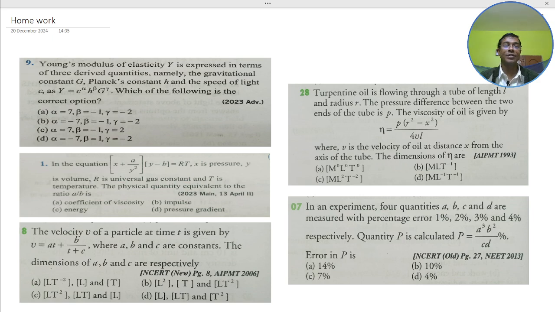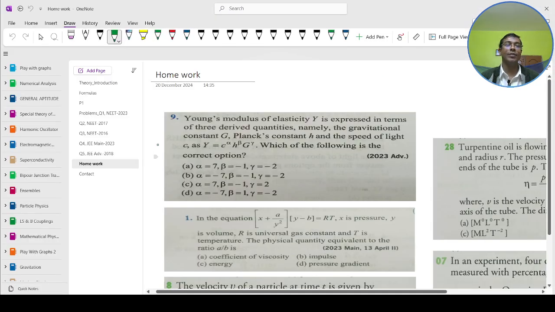So just pause the video and take a screenshot of these 5 problems coming in JEE Advanced, Main, NEET, 3 questions.